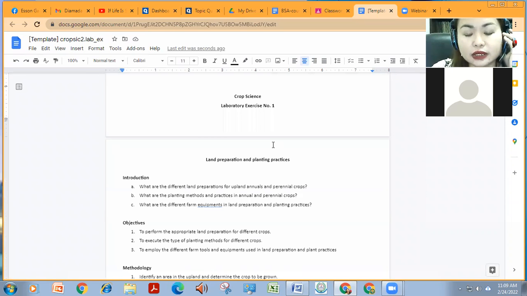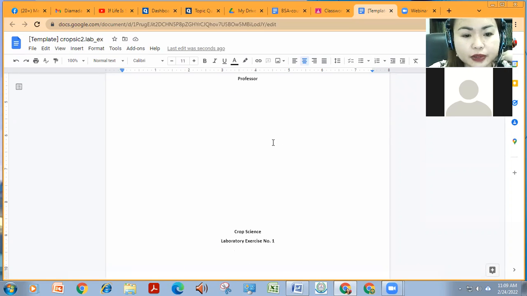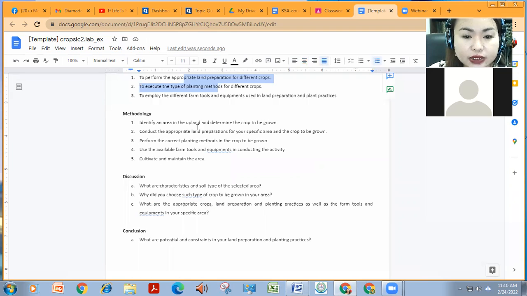So, nandito siya, no, ang, yung ating laboratory exercise question. So, ito yung dapat ma-answer ninyo if you're going to write down your introduction. And your objectives is at least, so, kopyahin nyo lang yan, as well as your methodology, but make sure you pwede nyong dagdagan, elaborate further to be specific kung anong yung ginawa ninyo.